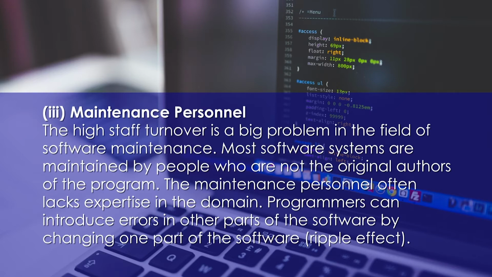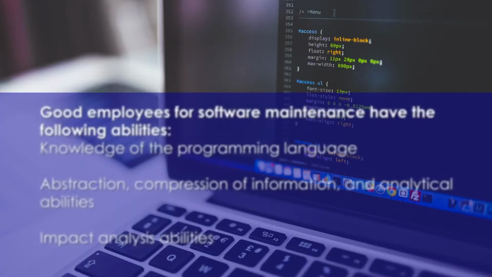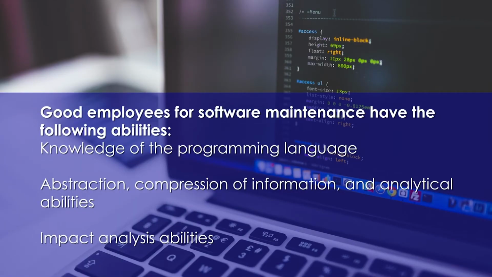Programmers can introduce errors in other parts of the software by changing one part of the software. That particular process is called the ripple effect. Good employees for software maintenance have the following abilities: knowledge of programming languages, abstraction or compression of information and analytical abilities, and impact analysis abilities.